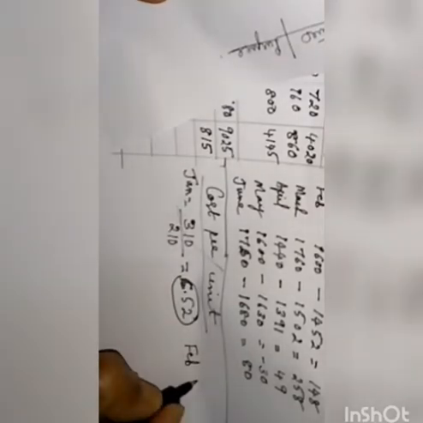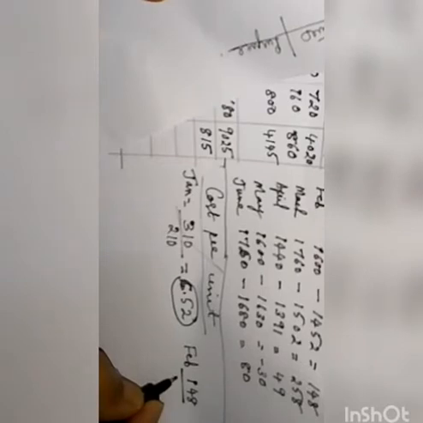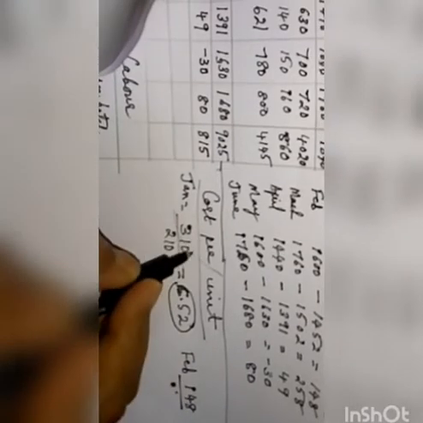February month, here total cost is 148 divided by total output. Total cost is 1000 here.